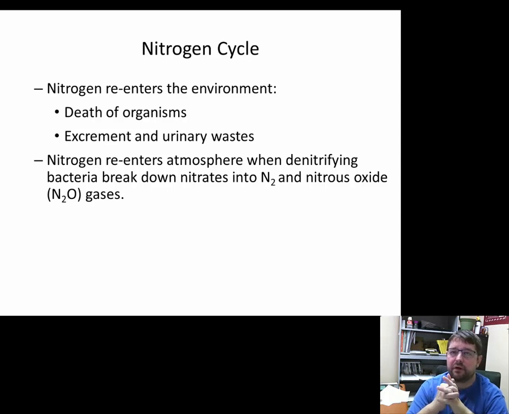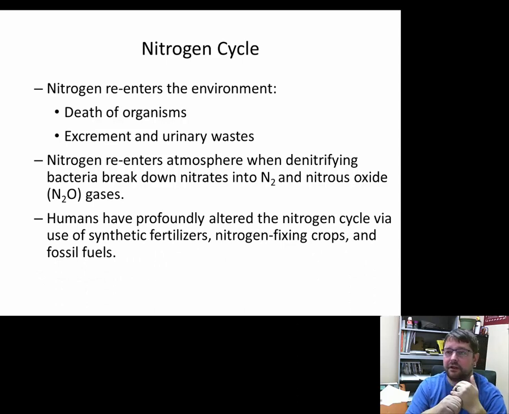Now, some of the nitrogen will escape in the form of nitrous oxide, a gas, so it makes it back into the atmosphere. We'll probably look at this a little bit more because it's fairly important in some regions that this process can continue.